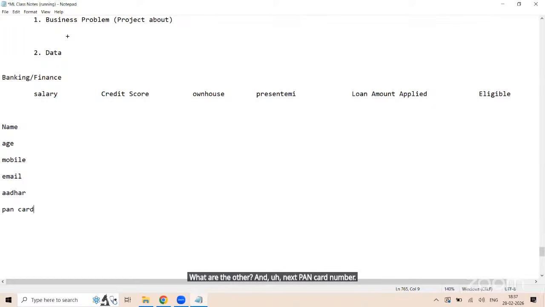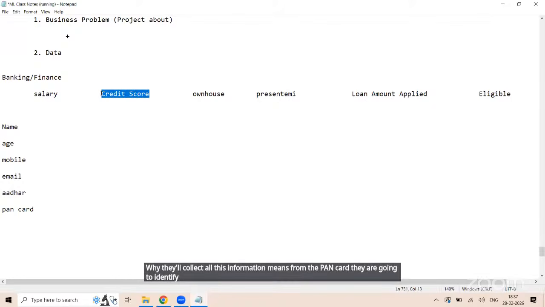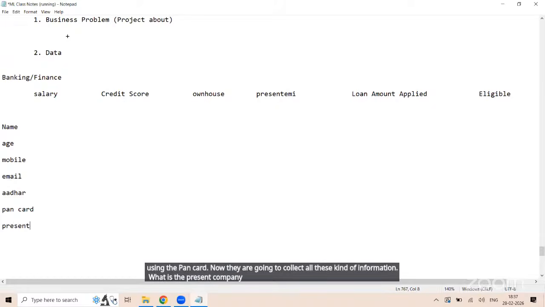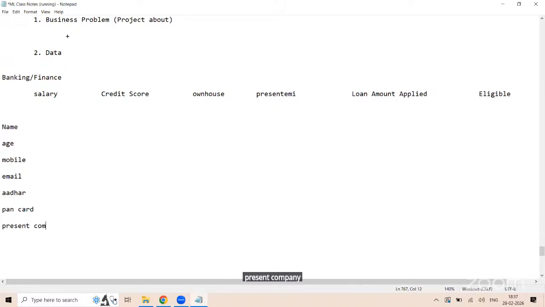Why do they collect this? From the PAN card, they identify your credit score in the backend. They also collect the present company you are working for, and the salary you are getting. Like this, they collect the complete information.